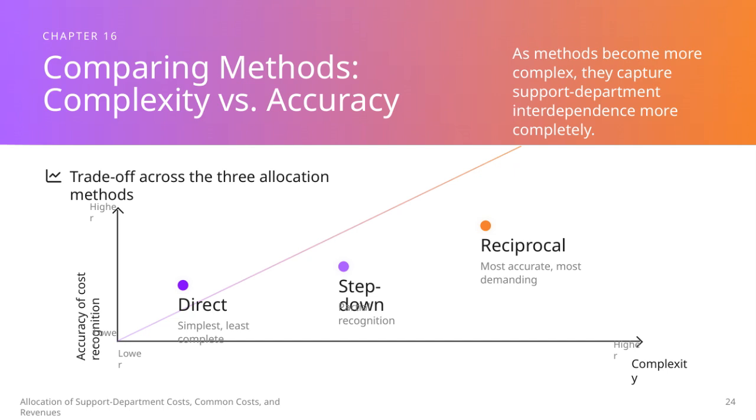Finally, the reciprocal method is the most accurate because it fully captures support department interdependence. However, this accuracy comes with the highest level of complexity and demands more resources to manage. Understanding these differences helps us decide which method is most appropriate depending on the balance we need between precision in cost allocation and the complexity we're willing to manage.